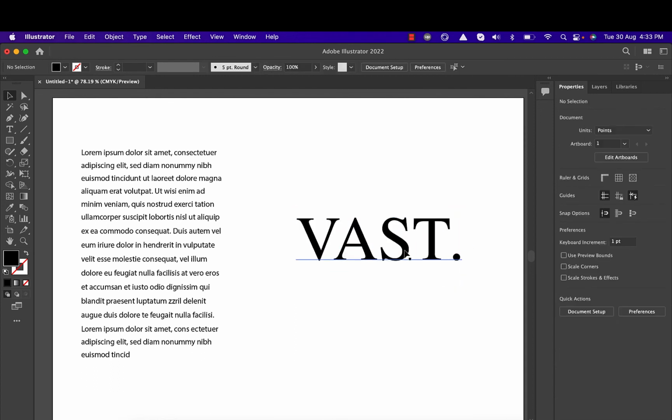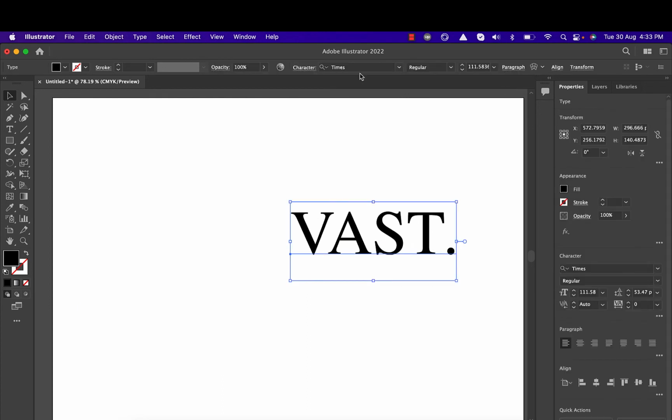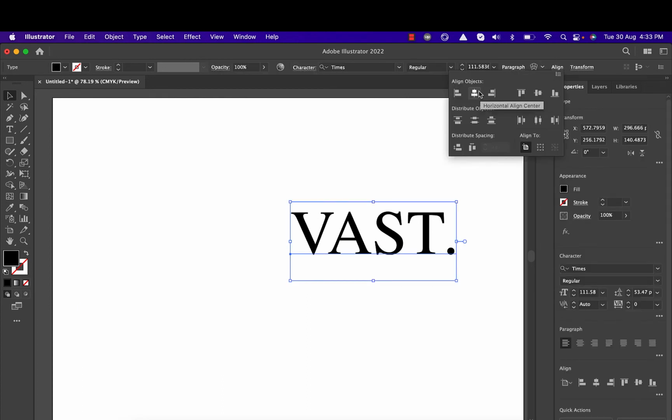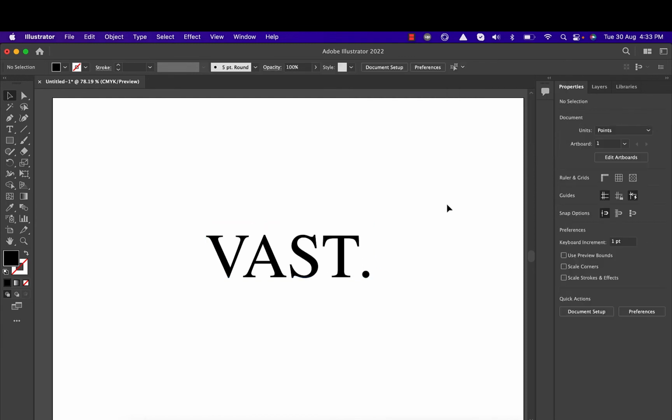You see, this particular font is not right. What is the problem in this? There is more space between V and A, right?